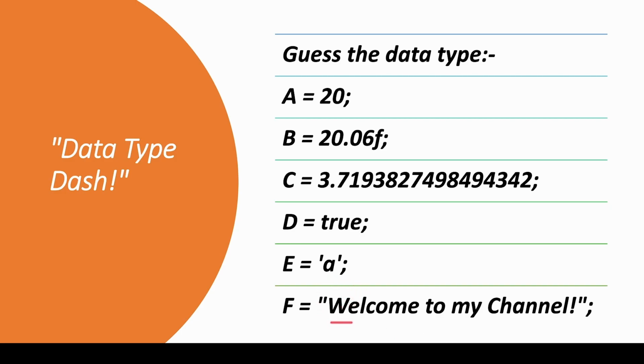As you see, W is a character, E is a character, L is a character, C is a character, and this collection of characters we call a string. And how to identify a string? As you see, it has double quotes. So whenever there are double quotes, that means it is a string.